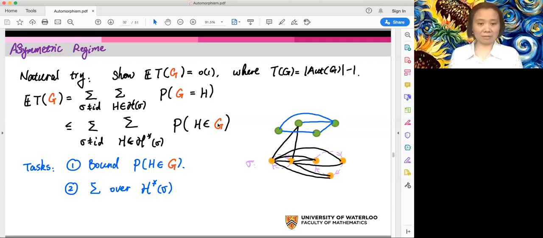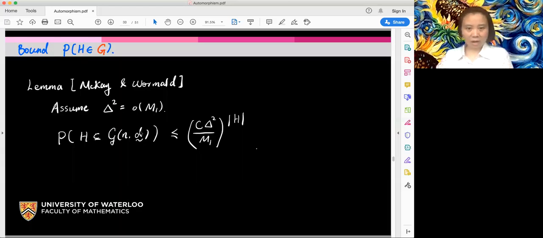So the task now is how do we express this probability? And second is how do we sum over those two big summations over here? So the first question is relatively easier. It comes from enumeration, but it's very convenient to apply.